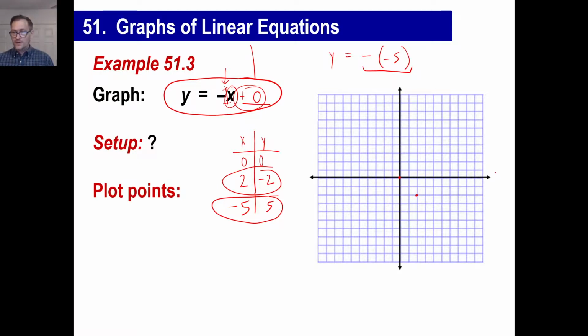Anyway, your x value, don't forget, this is your x and this is your y. If your x value is -5, 1, 2, 3, 4, 5, that means your y value, look at it, is 5. 1, 2, 3, 4, 5. And you notice again, there's your line. I can't draw a straight line, but there you go. And again, notice the line's going down, unlike the ones we had earlier that were going up.